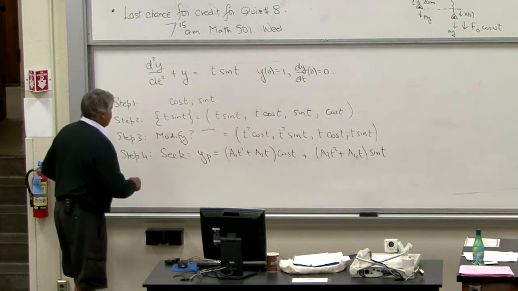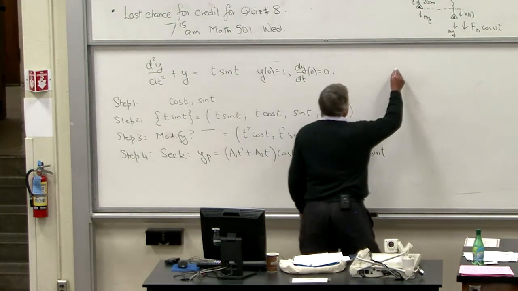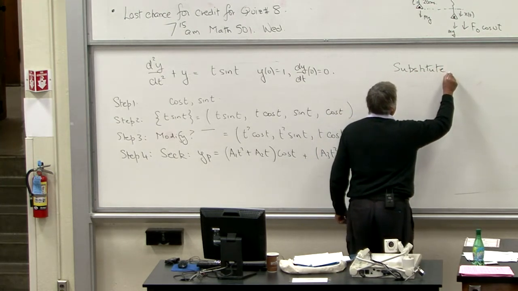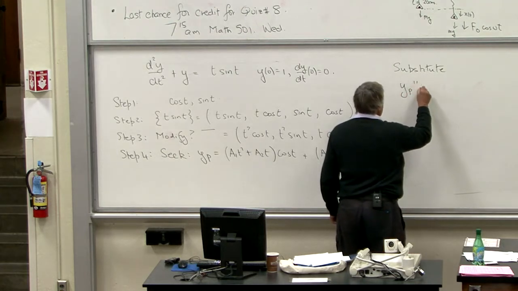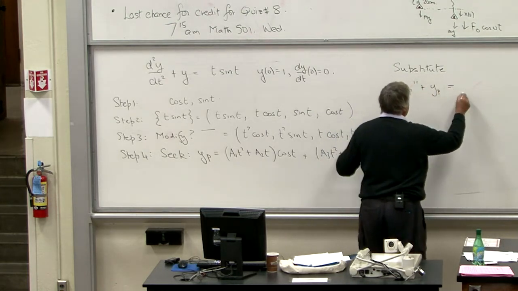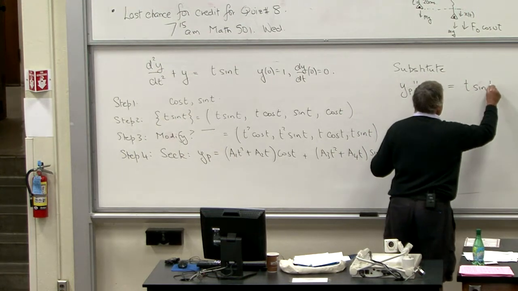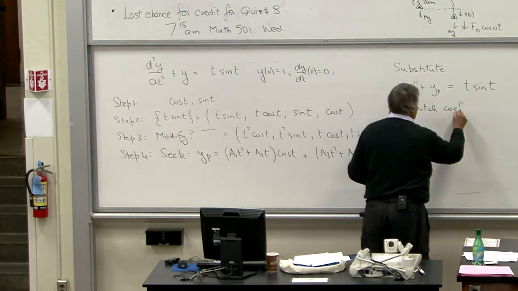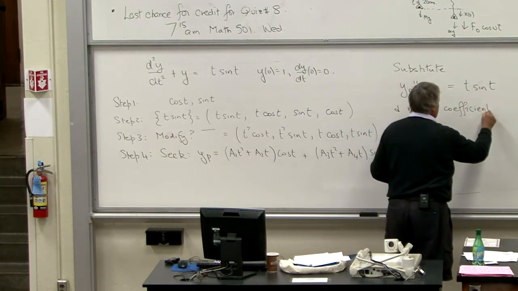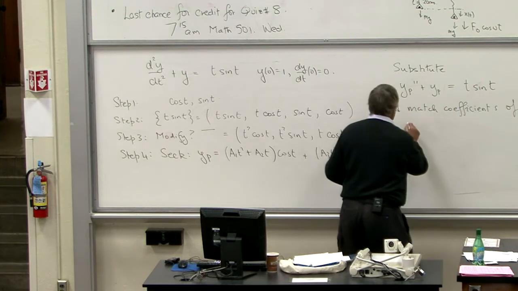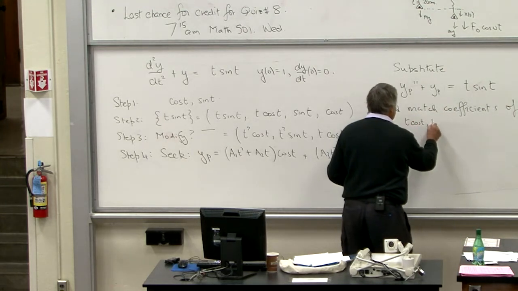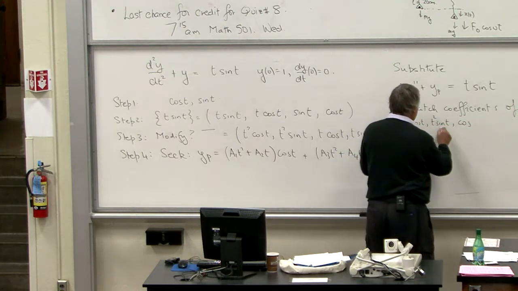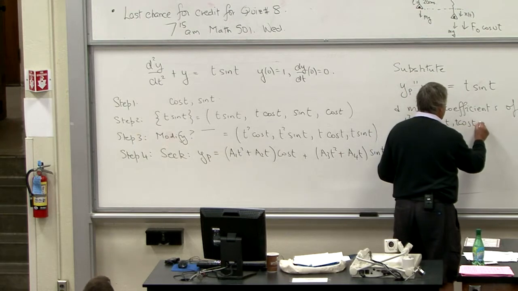What you do then is you substitute into yp double prime plus yp equals t sine t, and you match coefficients of t squared cos t, t squared sine t, t cos t, and t sine t.